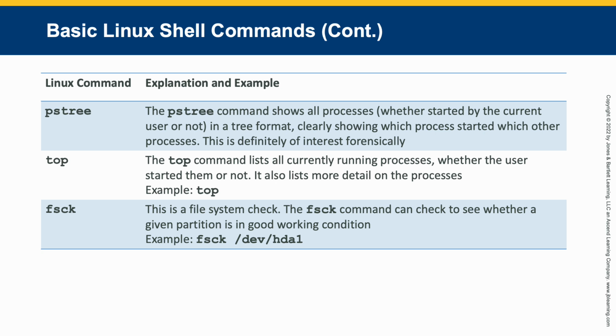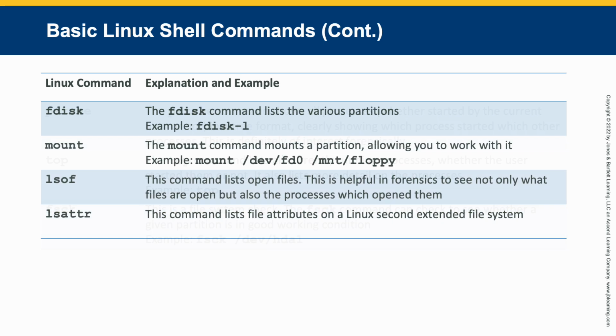fsck, the file system check. The fsck command can check to see whether the given partition is in good working condition. fsck space slash dev slash hda1, and we'll give it a try. fdisk, the fdisk command lists the various partitions, and the example is fdisk -l.